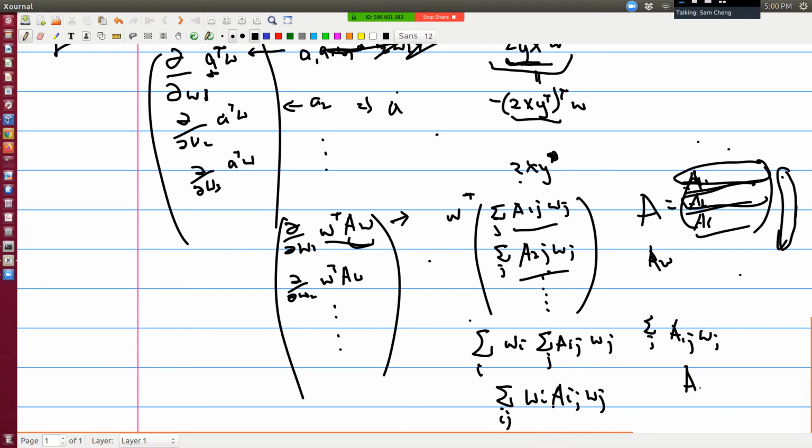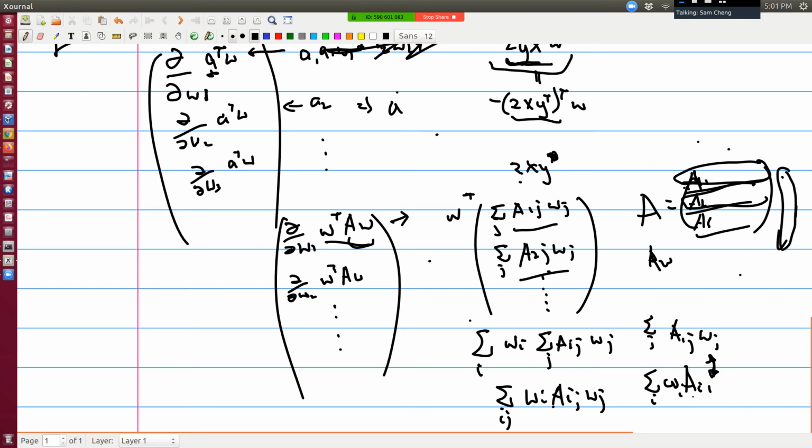So I have A_i1 W_i, summed over i. Of course, this looks a little different, but I can make it similar in form to the other term.